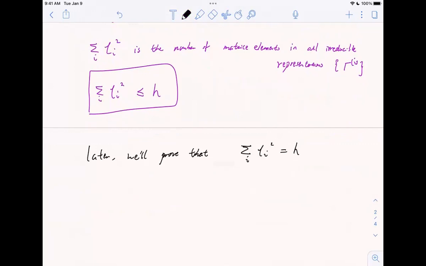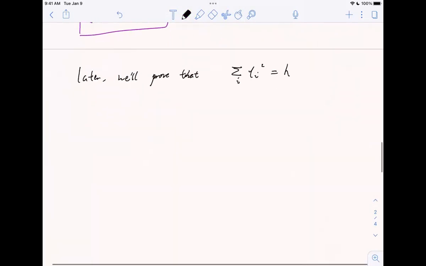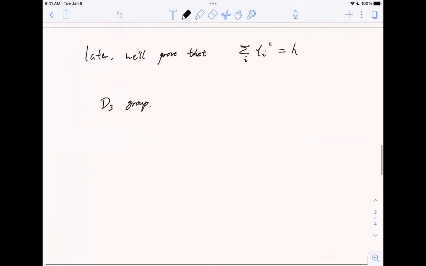So in the last lecture, I gave you an example, this D3 group. So the D3 group, you can use an equilateral triangle.